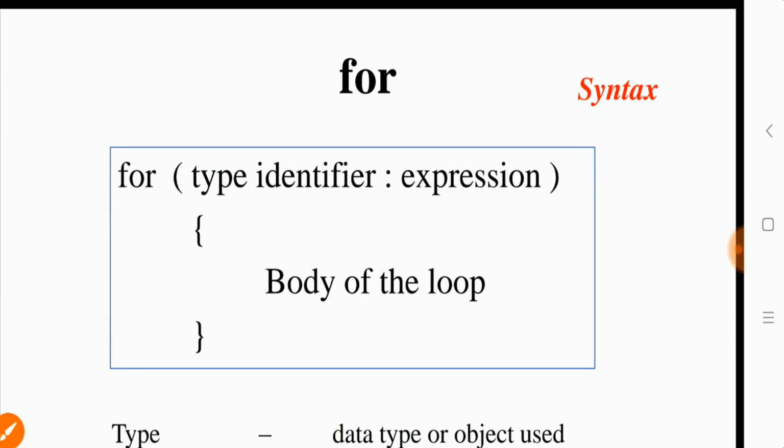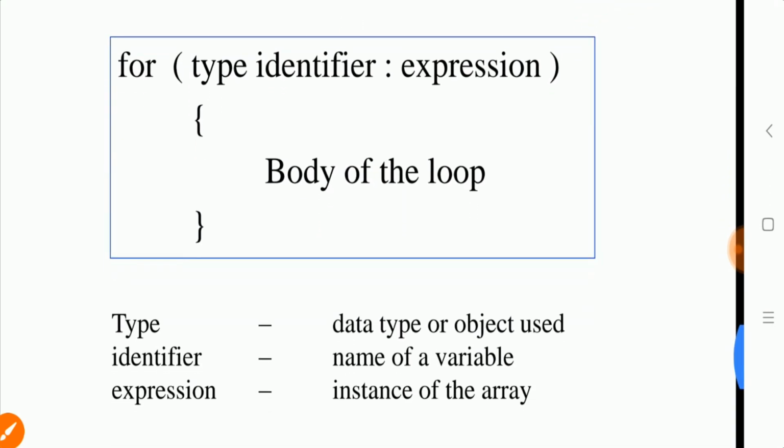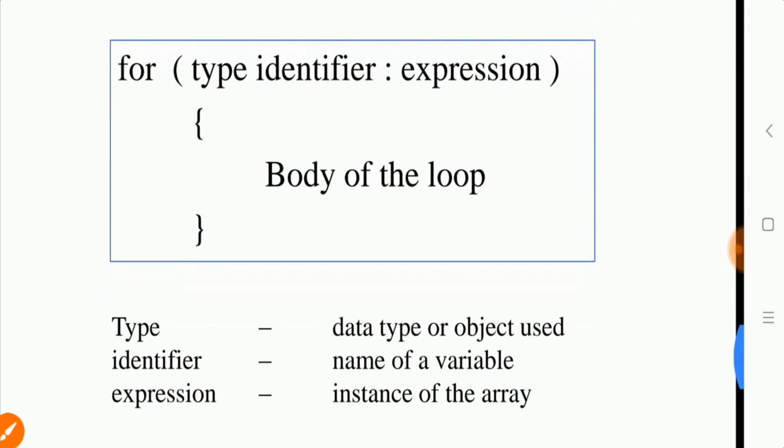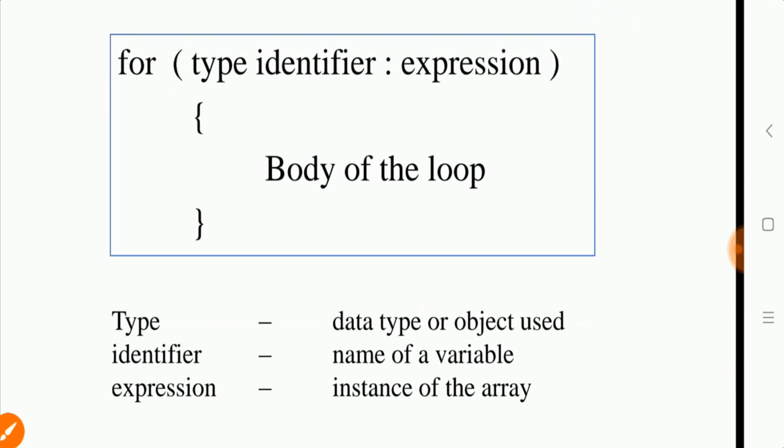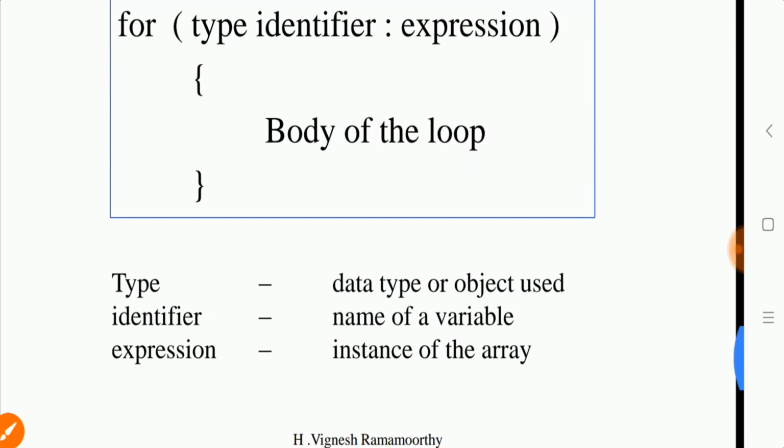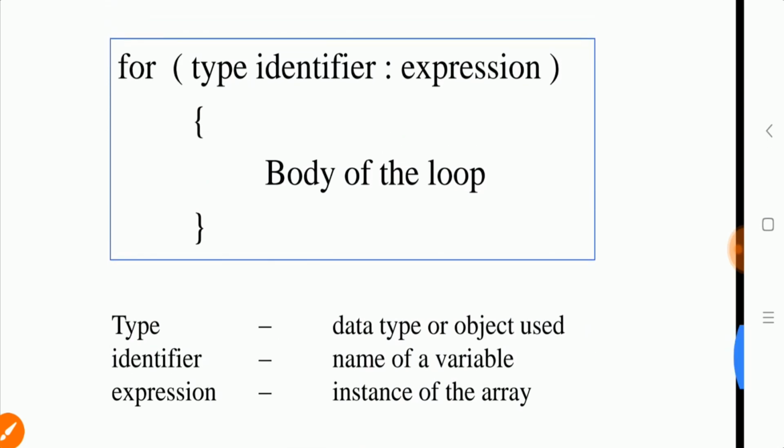The syntax of for each: for type identifier colon expression. So far we were using two semicolons. Now we are going to use a colon between type identifier and expression. Type is the data type, or it could be an object too. Identifier is the name of a variable, and expression is the instance of the array.